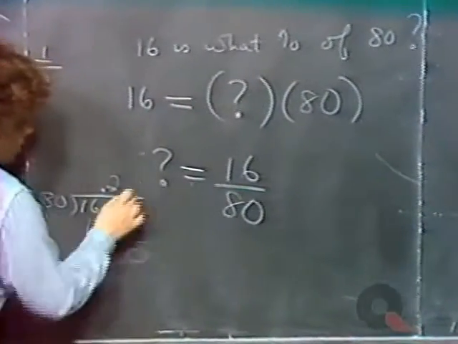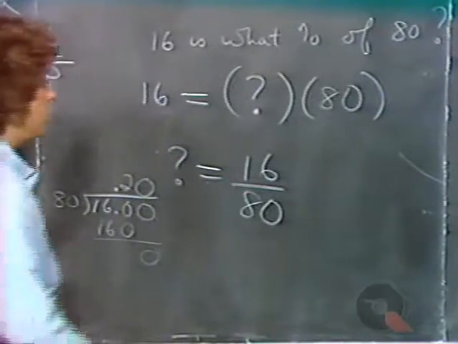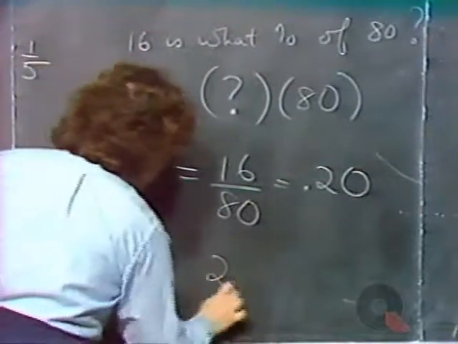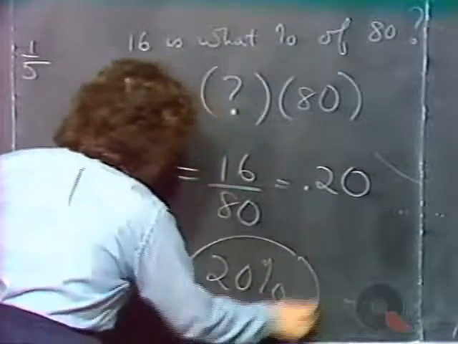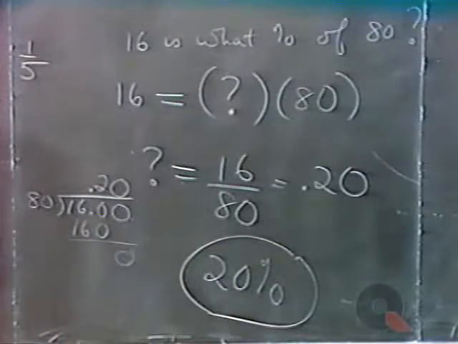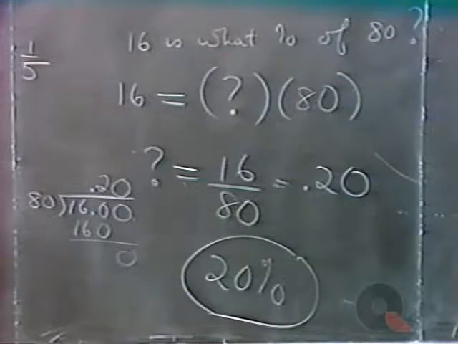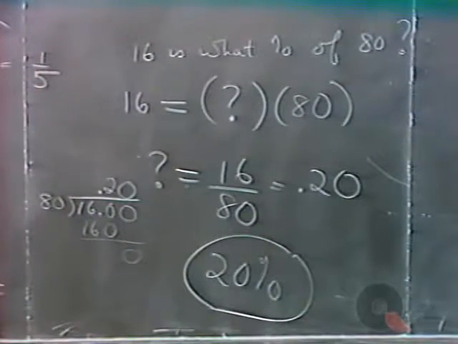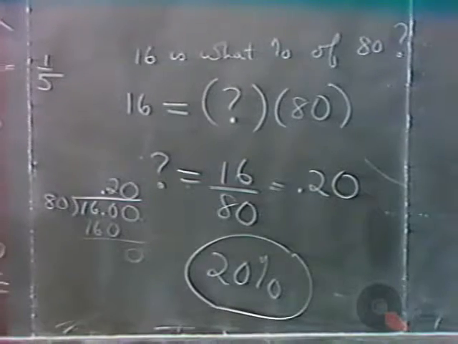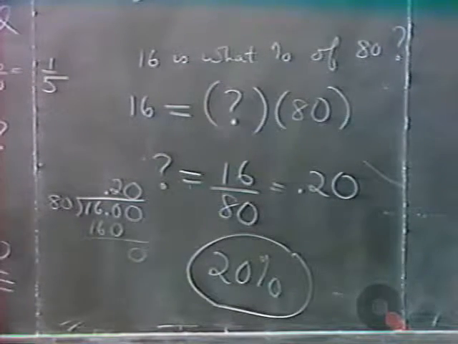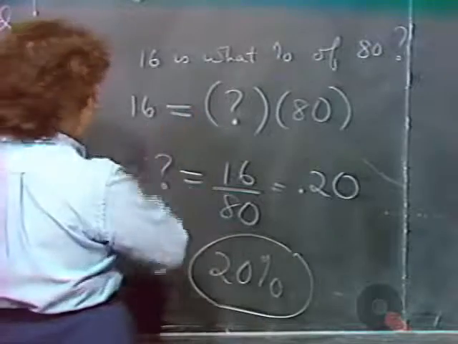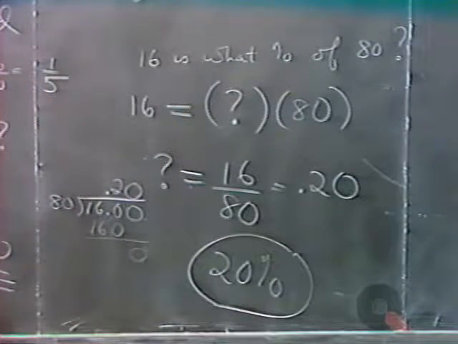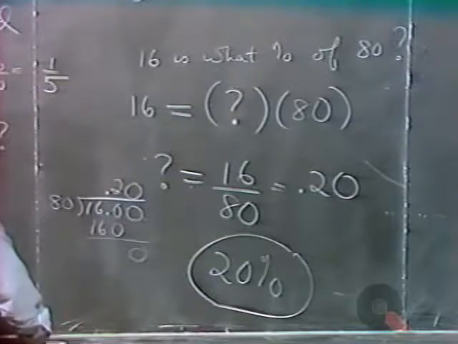So this is equivalent to 0.20 or 20%. So what percent of 80 is 16? Okay, 20%, which is equivalent to 1/5. In other words, 16 is 1/5 of 80, or 20% of 80.